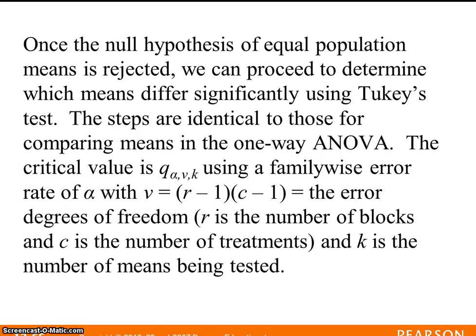So the steps are pretty much identical for those comparing means in a one-way ANOVA. Remember the critical value is this, and again you want to use the family-wise error rate of alpha with the row, again this is the number of rows minus 1 times the number of columns minus 1. That'll equal the degrees of freedom, and k is the number of means being tested.